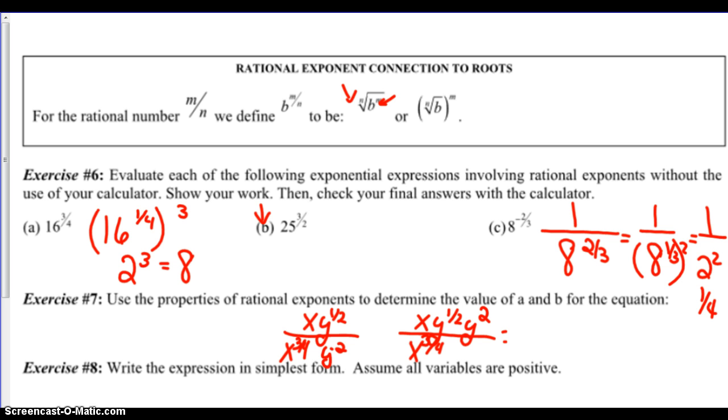So I would have the 2 plus the 1/2 will be 2.5. So you can put that right up there. And then with the x's, I have a 1 for my first exponent right there, and 3/4 in the bottom. So 1 minus 3/4 would be x to the 1/4. So then if I had to write it in that form, a is 1/4 and b is going to be 2.5.